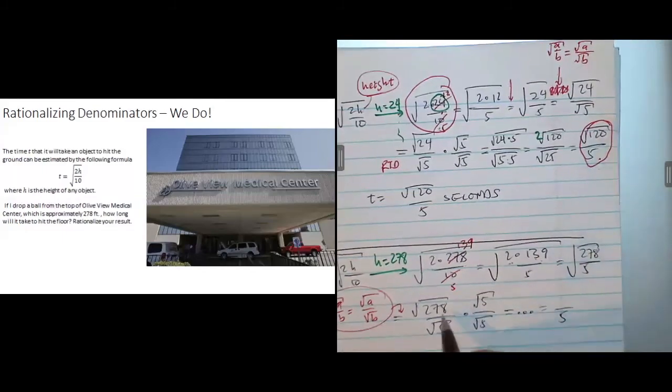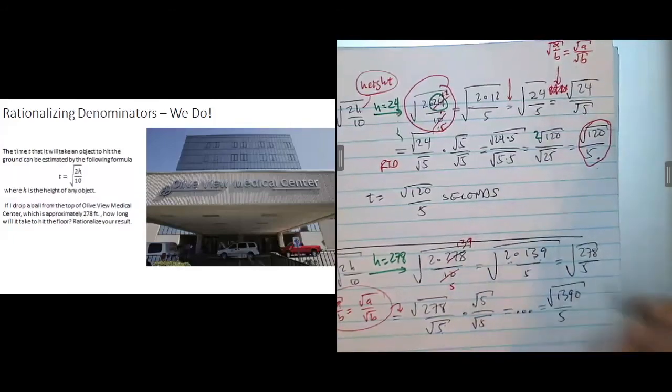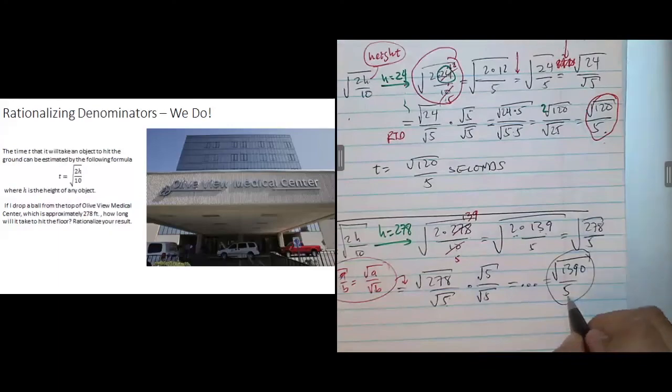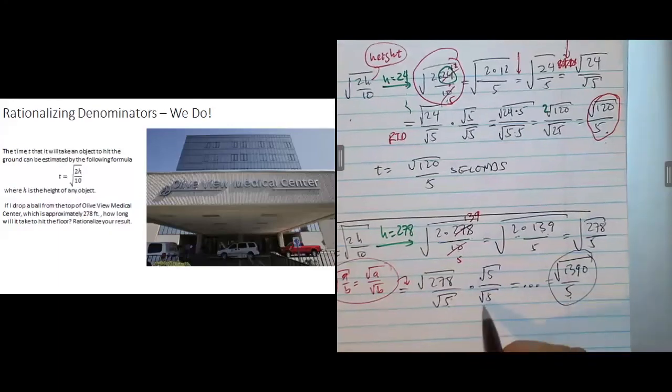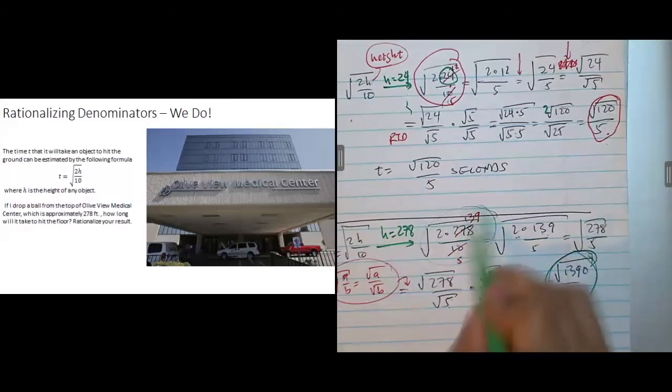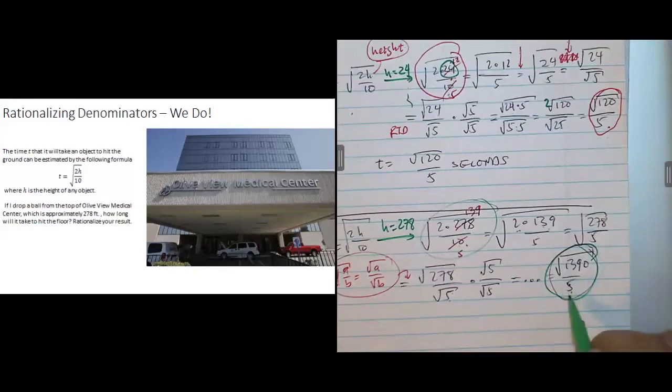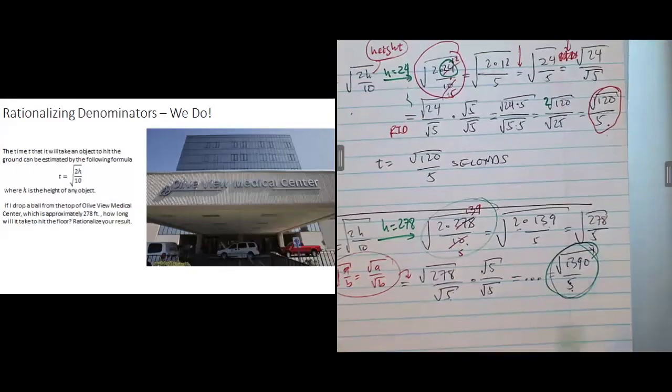The square root of 278 times the square root of 5 is the square root of 1390. So my answer is just that. This is the rationalized form, because there are no square roots on the bottom anymore. Just like the last problem, the two answers are the same, but the one that's accepted is the one that's rationalized, the one without the square root on the bottom. I'm looking forward to seeing what you can do on the coming problems.